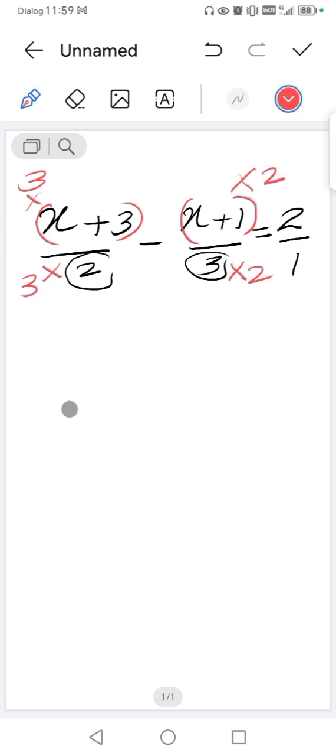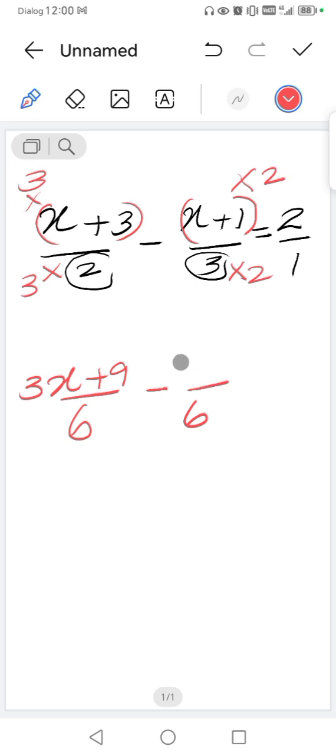Then 2 into 3 is 6, and we have to multiply 3 into x, that's 3x, and 3 into 3, that's 9, minus, over 6 also, 2 into x, 2x, plus 2, that equals 2 by 1.